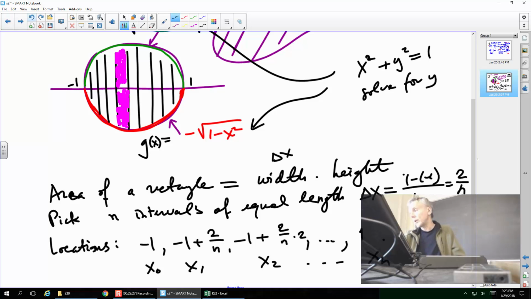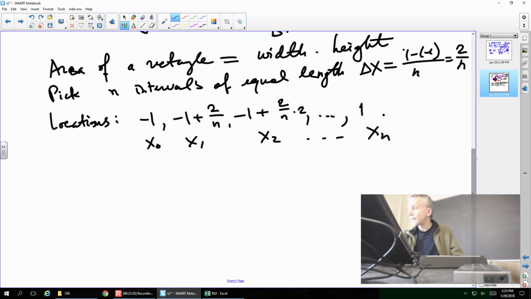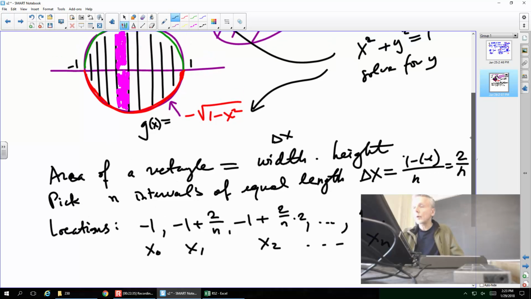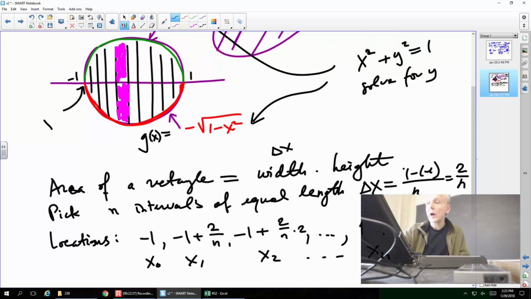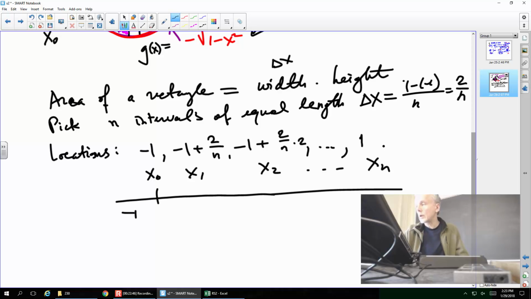So once again, similar ideas, but we are doing it anyway. Okay, so once again, this will be x naught over here. This is xn. Now let me draw it again. So we're looking at the interval between negative 1 and 1.